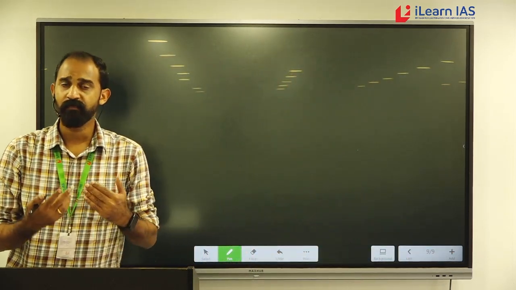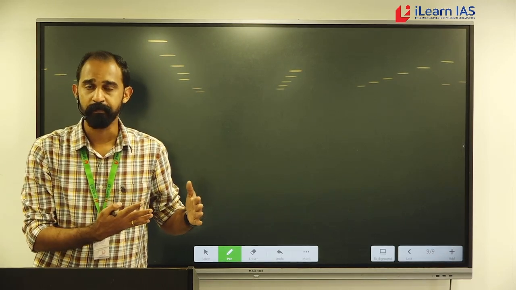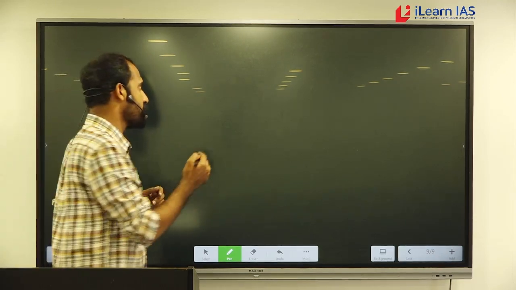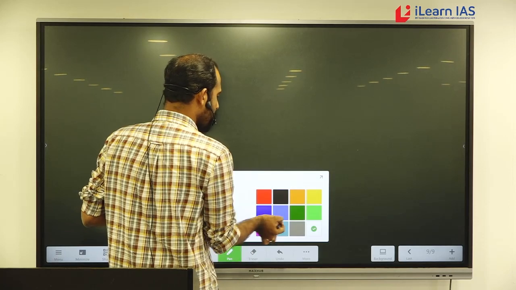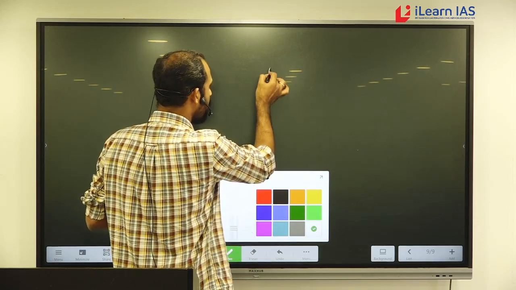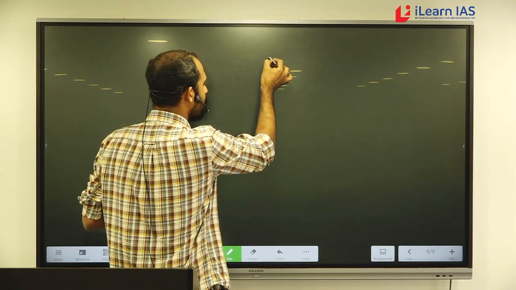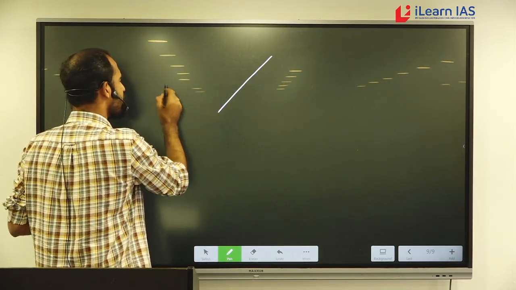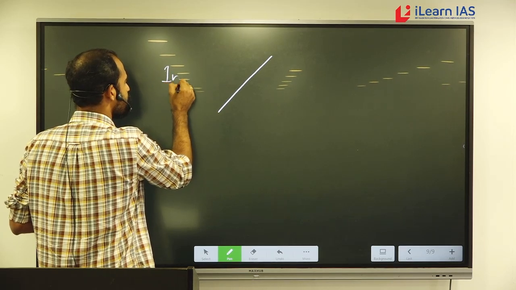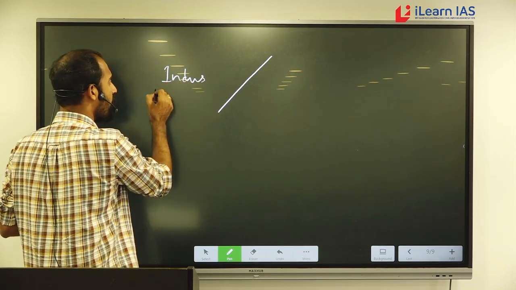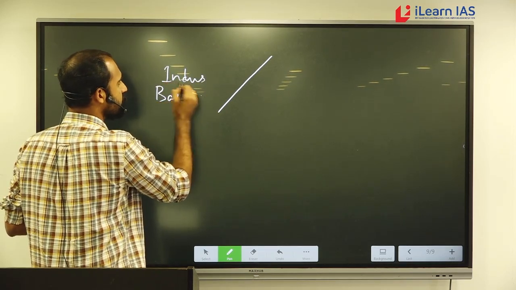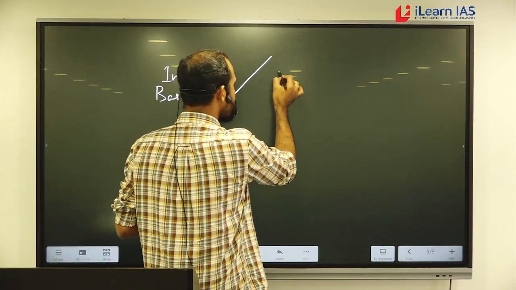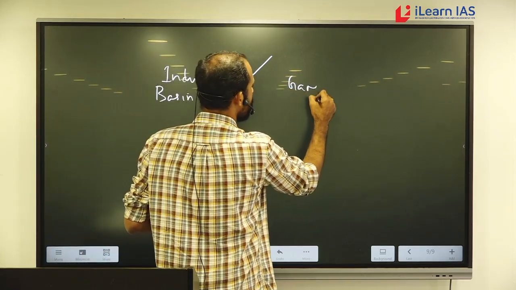Say, take the case of the water divide between the Indus river system and the Ganga river system. Now this water divide is actually running in the state of Haryana. Towards the western side of Haryana, you have got the Indus basin, and towards the eastern side of Haryana, you have got the Ganga basin.